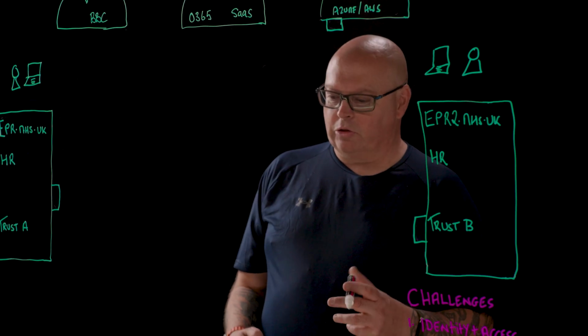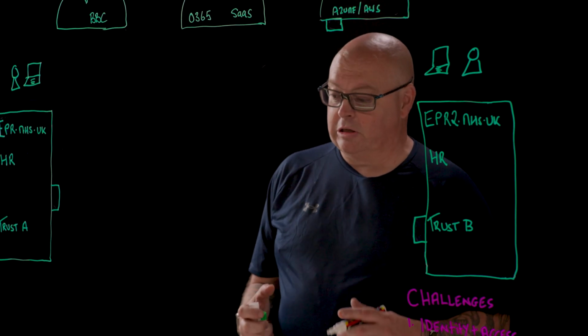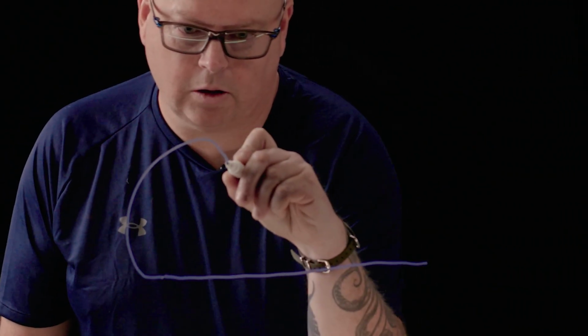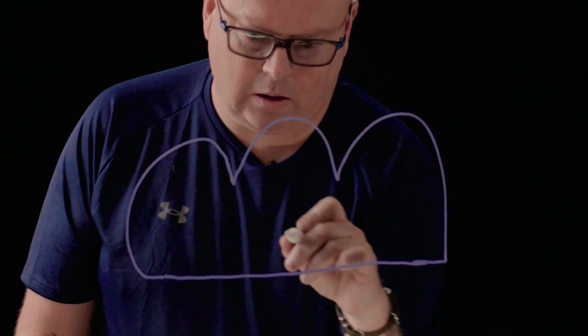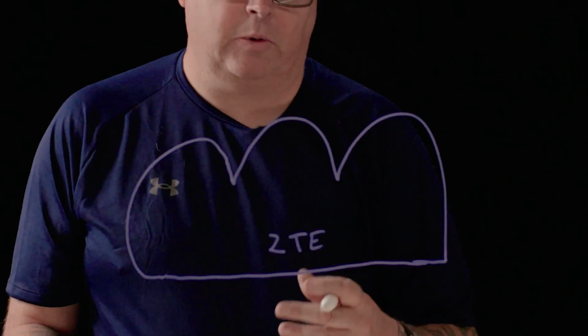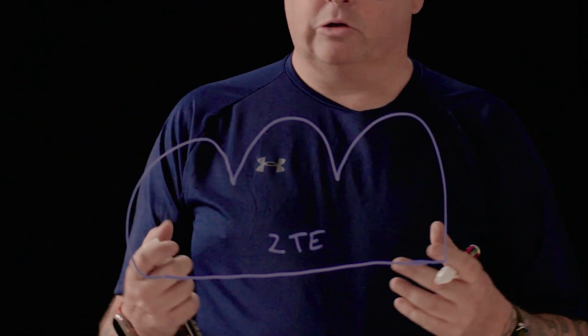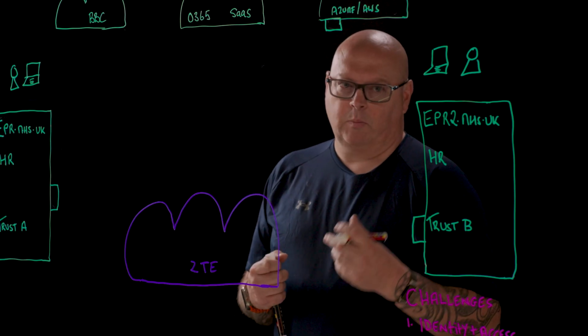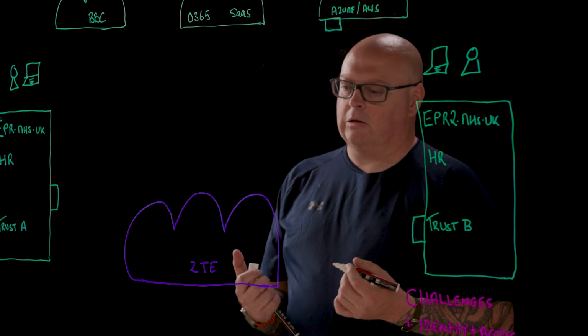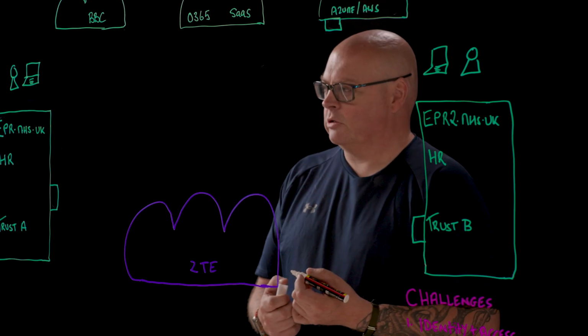Okay, so now we're going to draw in the Zero Trust Exchange, or ZTE as we call it, which is the Zscaler cloud. And we're just going to draw it here like this. The Zero Trust Exchange is going to be responsible for all of the communication between Trust A and Trust B. But before that happens, we need to get traffic to the Zero Trust Exchange.